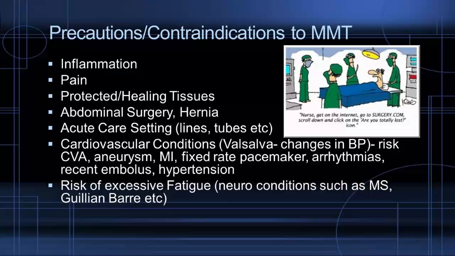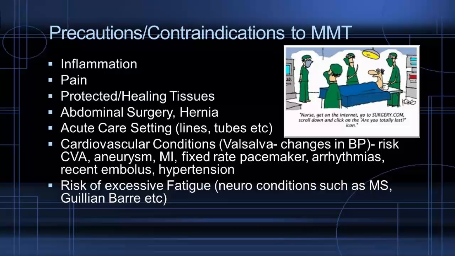If someone has had an aneurysm or a myocardial infarction, they have a pacemaker, any kind of arrhythmias, emboli, hypertension, you just don't want to push them into a state of more risk. And so for someone with those conditions, it might be contraindicated to do manual muscle testing.